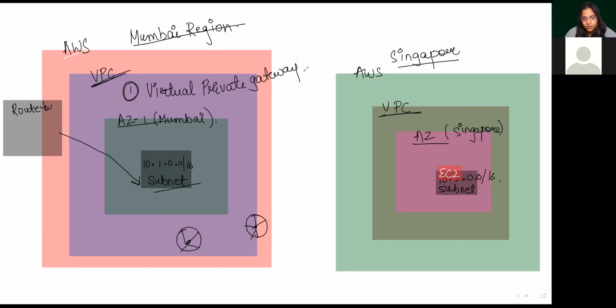Once you have created your virtual private gateway, the second thing you have to create is your customer gateway.